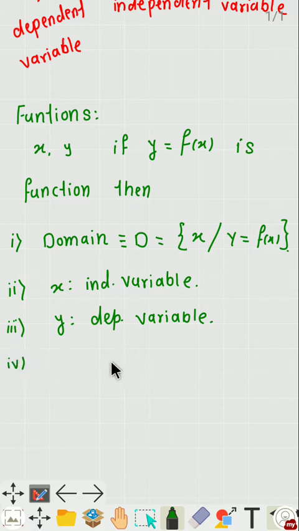Fourth, for every value of x from the domain D of function f, there is a unique value of y such that y is equal to f of x. Fifth, the set of all the corresponding values of y for x in the domain D is called the range R.